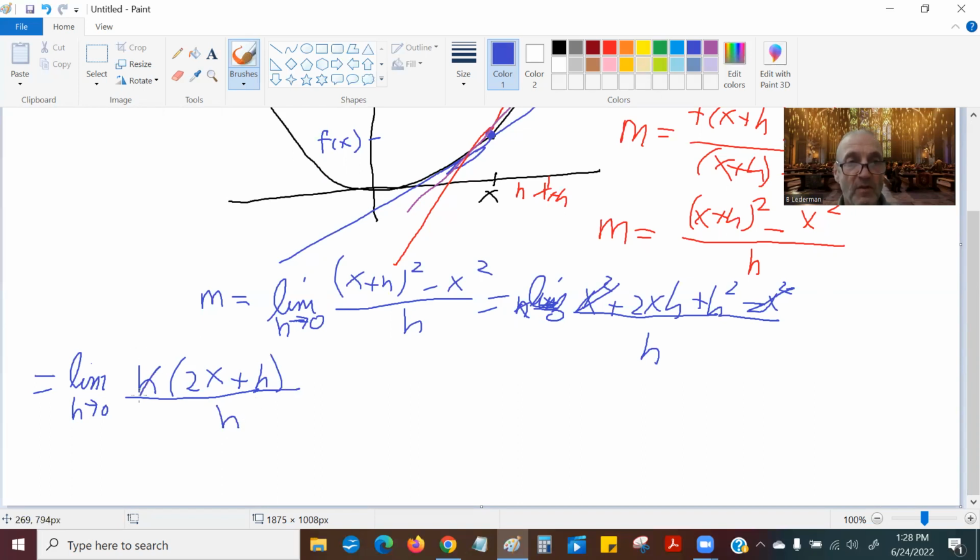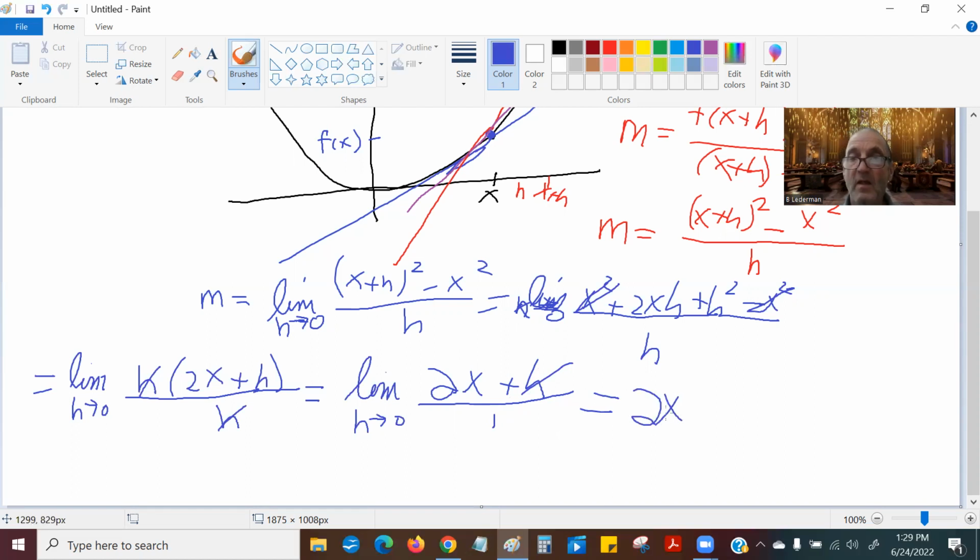And notice how beautifully these two h's cancel. This is now equal to the limit as h goes to 0 of 2x plus h over 1. Now, when h goes to 0, this guy here just disappears. So this is equal to 2x. And that is my answer, 2x.